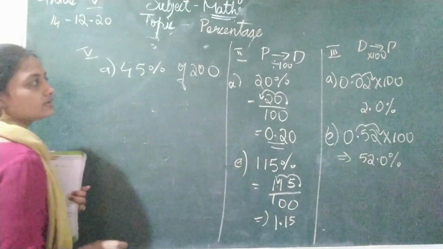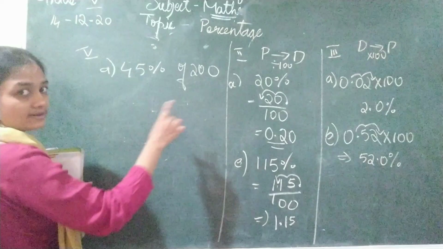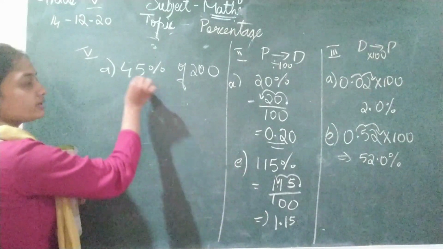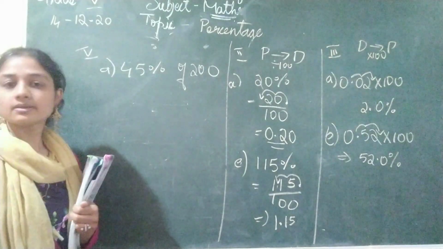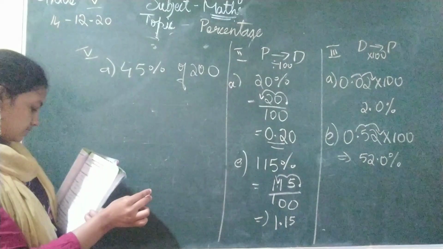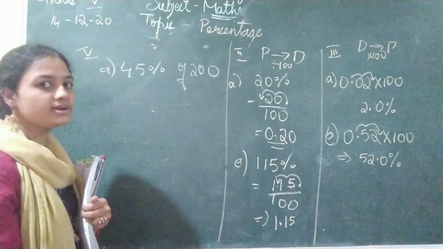200. That means you have 200 pieces, means 2 boxes, 100 pieces here, 100 pieces here. Totally 45% is shaded. Now how will you represent this in numbers? Find the value means you have to find it either in decimal or in fraction.